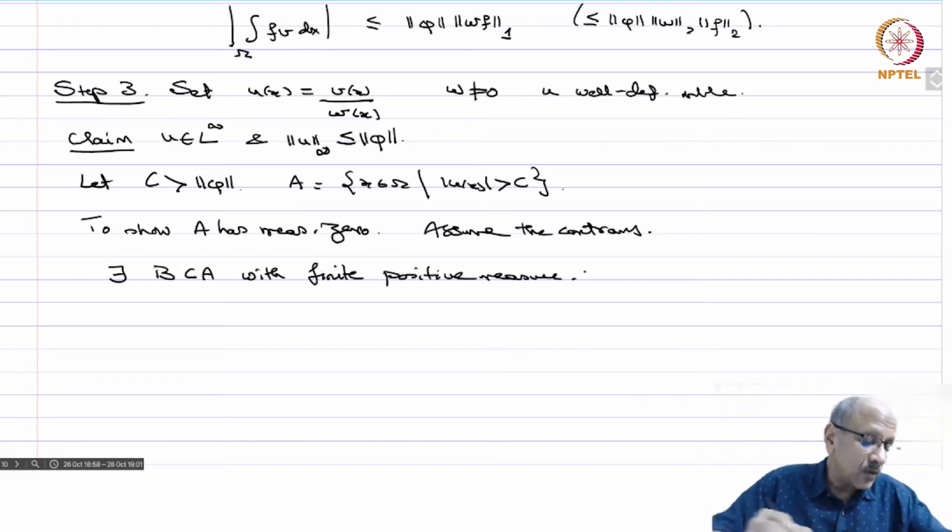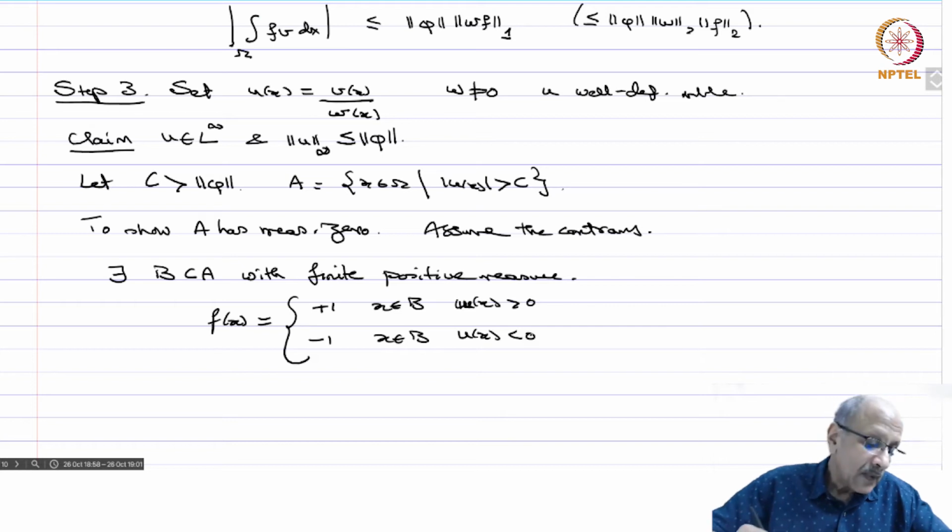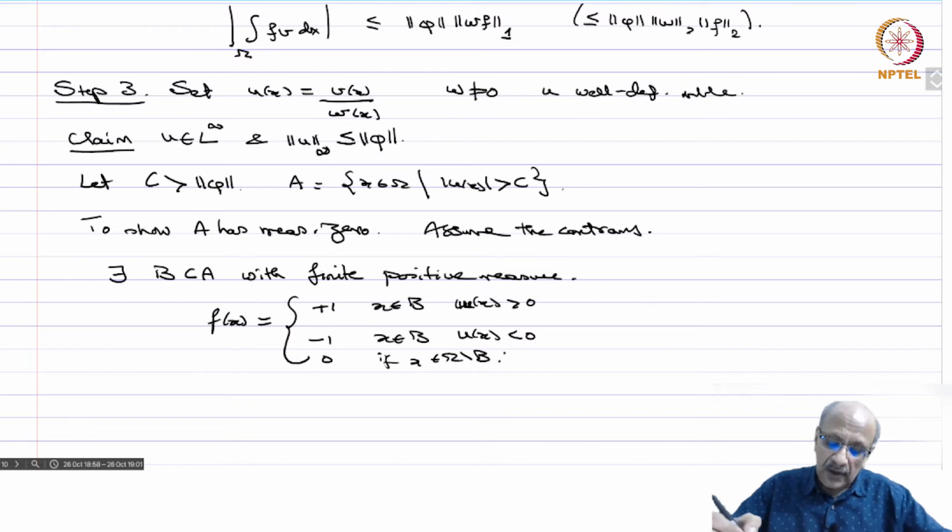So now you consider f of x to be equal to plus 1 if x belongs to B and Ux is positive, and minus 1 if x belongs to B and Ux is negative, and you have 0 if x belongs to omega minus B. Okay, so f is a bounded function.